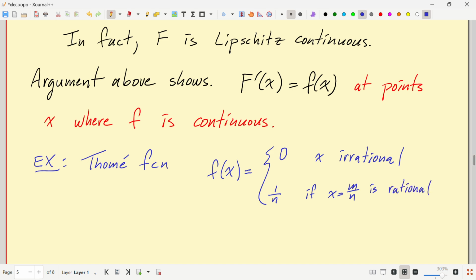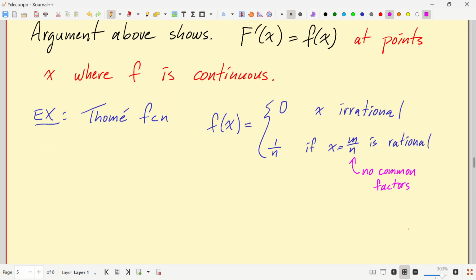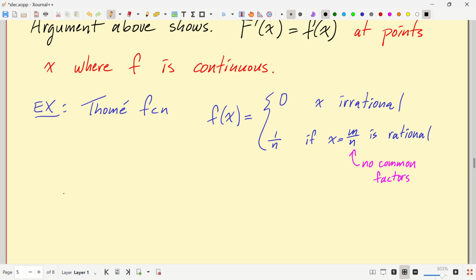To make that n unique, you factor this out so m and n have no common factors, so they're relatively prime. That's the Thomae function. And the famous thing we showed is it's continuous at irrationals, and it's not continuous at rationals.